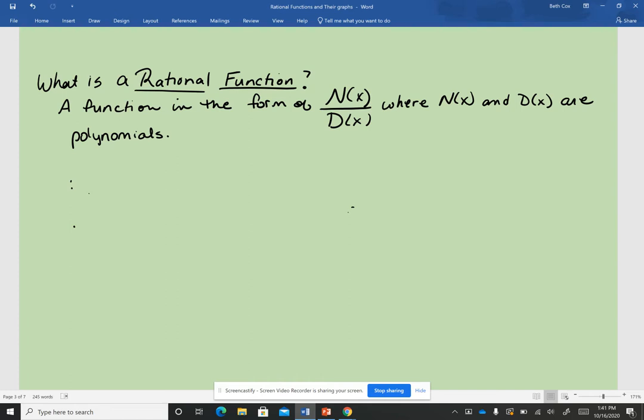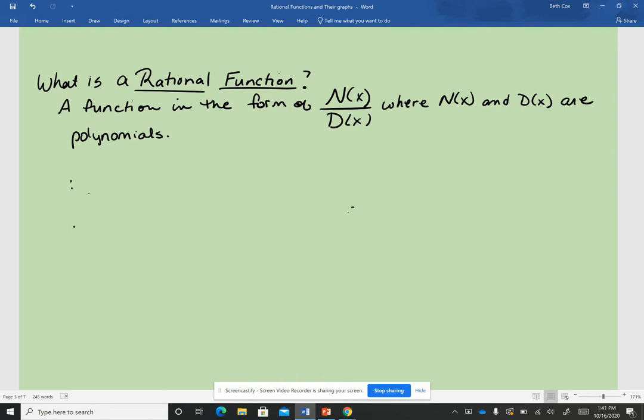Now that's what we did in Unit 2. That was a lot, but that was just generic, all these things that we can do with functions. Then we went into Unit 3, and we started out with quadratic functions and then polynomial functions. Both quadratics and polynomials are types of functions.